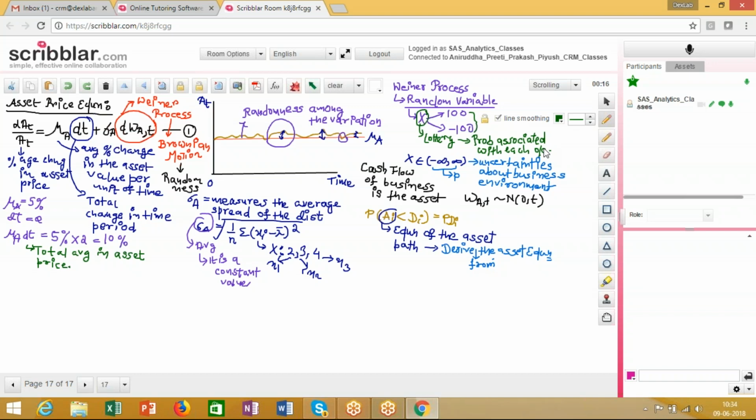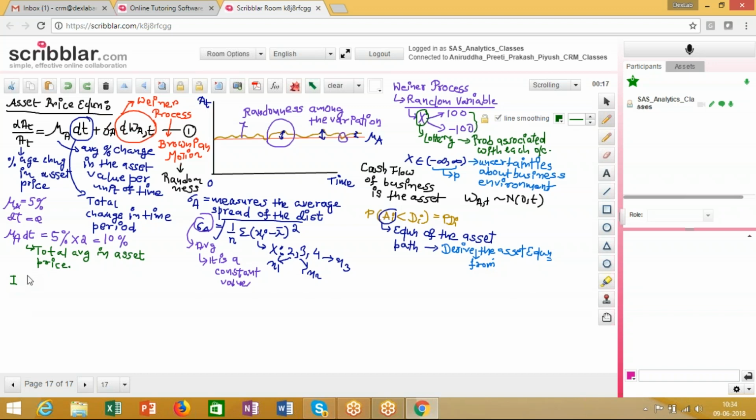what we need to do over here is use something called Ito's lemma. This is a very famous lemma in finance. So from a first order derivative equation, if I have an equation in the form of a percentage change in price, right? A percentage change.